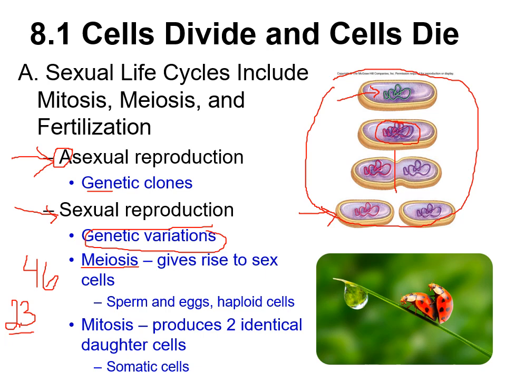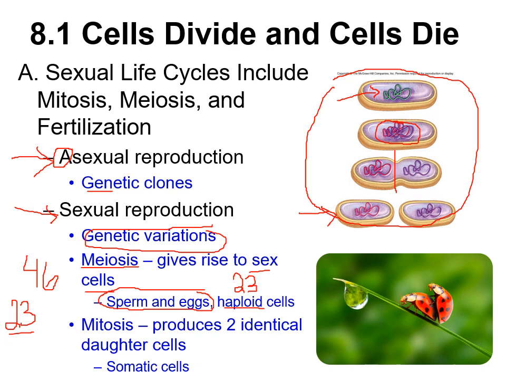When it's time for us to produce our sex cells or our gametes, so our sperm and our egg cells, we are not able to take all pairs of DNA and pass it on. Instead, we can only take half of our pairs. So instead of creating a diploid cell, we're going to create what's called a haploid cell. A haploid cell only has half the DNA or 23 chromosomes inside of it.